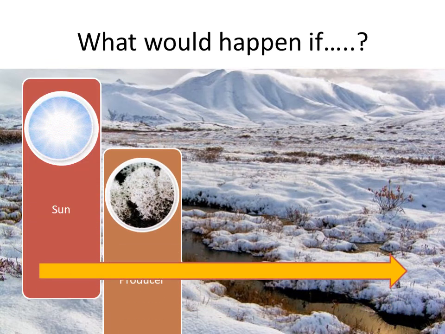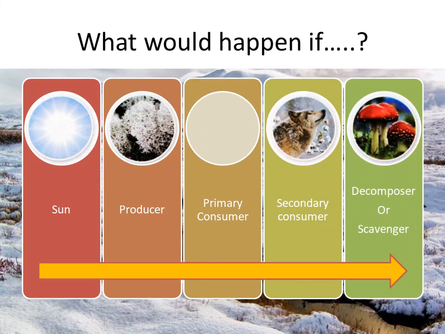Now, what would happen if another organism was lost? In this slide, which animal was lost? It's the primary consumer, the herbivore, the caribou. So, can the wolf find its food? No. What would happen to it? It would go to another place or it will die.